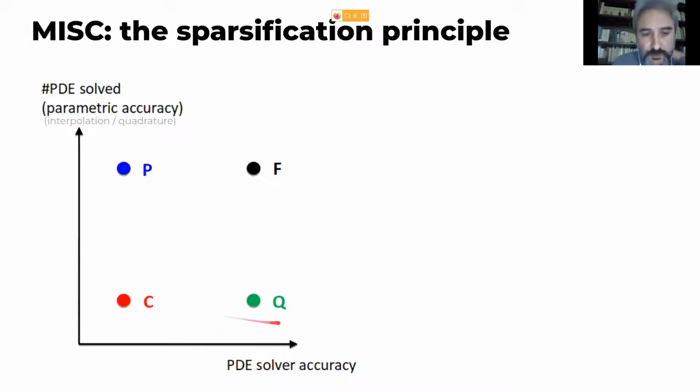Imagine you're using only 2 meshes, not 4, but only 2. And here you have another knob that gives you the parametric accuracy, so how many samples in the parametric space you are considering. And here, by parametric accuracy, I'm being very broad, and I'm thinking of either interpolation or quadrature on the parametric domain. Doesn't really matter at this point.